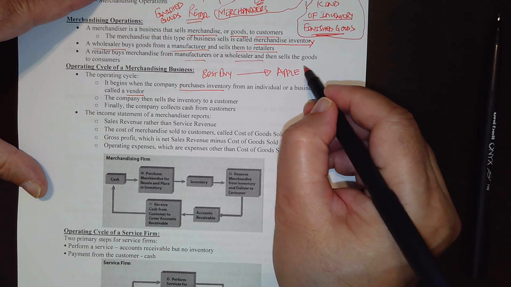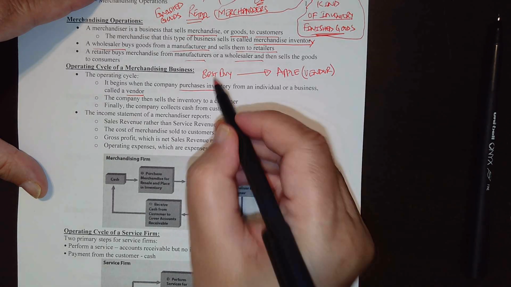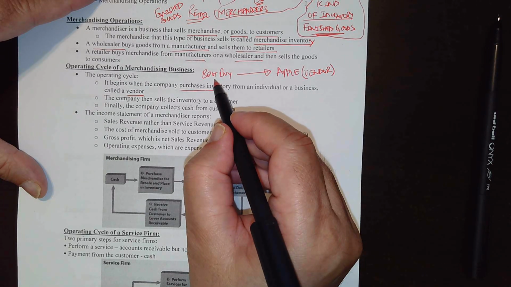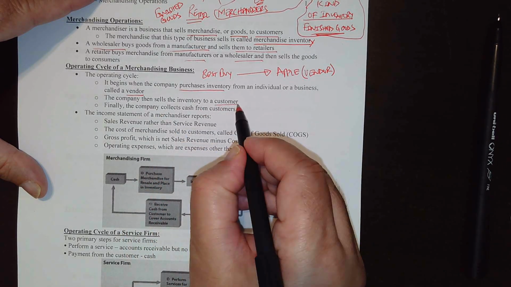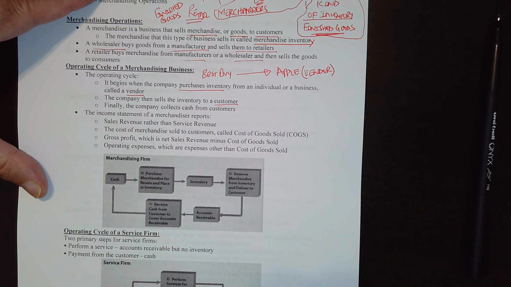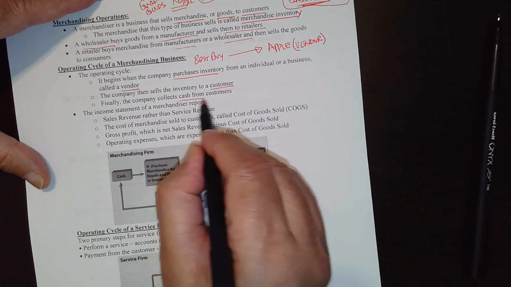In that case, Apple is the vendor and Best Buy is the merchandiser. The company then sells inventory to customers. So for example, you and I go to Best Buy and buy things. Finally, the company collects cash from customers.